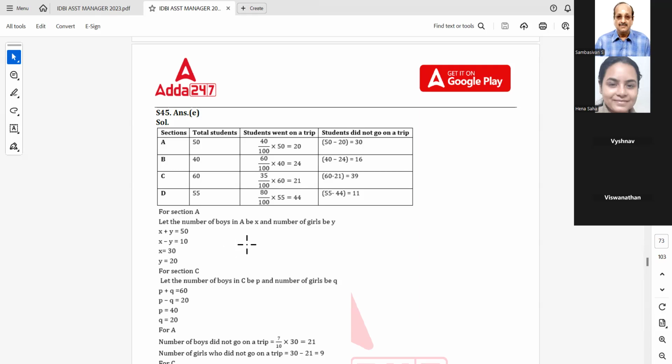For this problem, separate calculation. X plus Y is equal to 50. X minus Y is equal to 10. So X is 30 and Y is 20. Now we can understand: boys 30, girls 20.